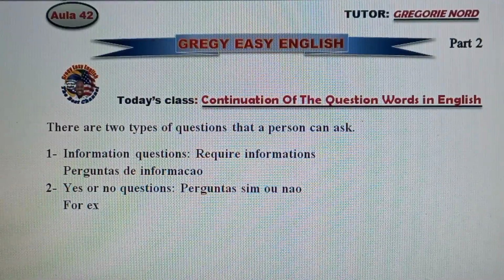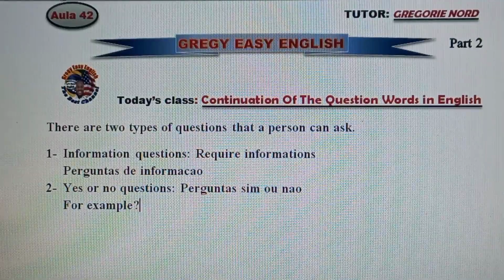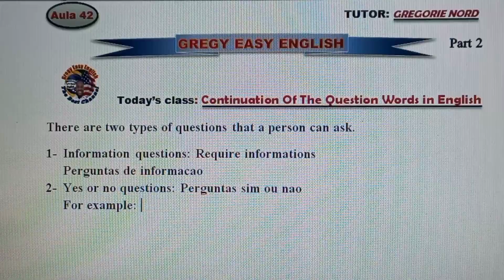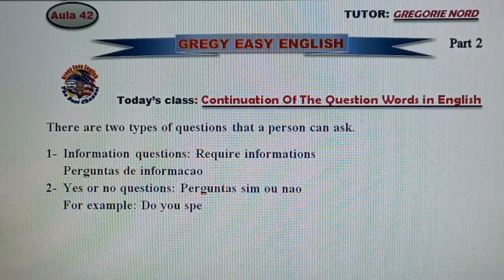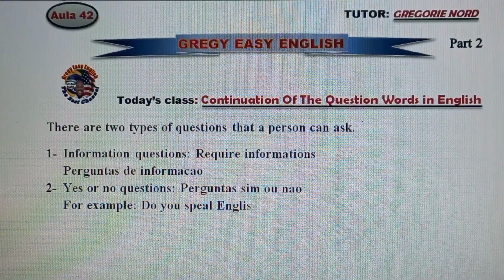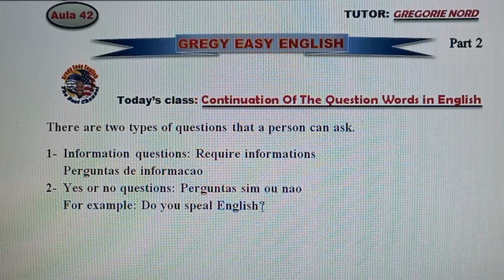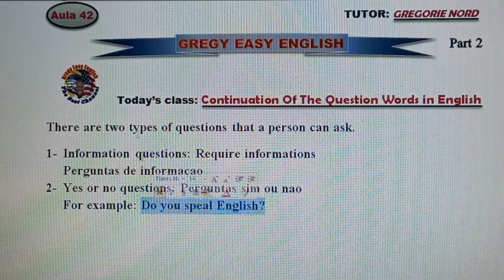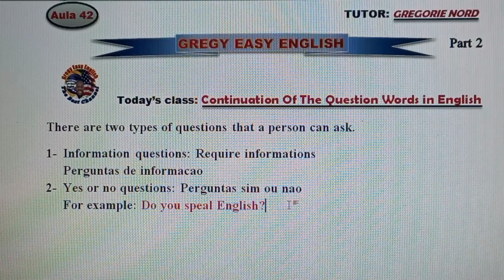For example, let's say, do you speak English? Do you speak English? Olha aí, pessoal.